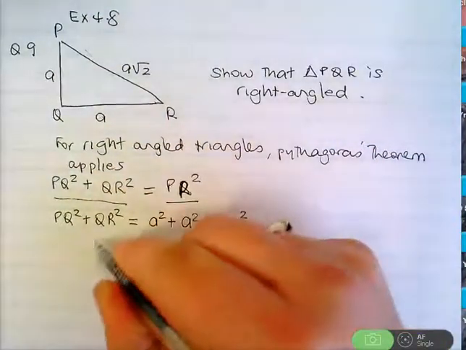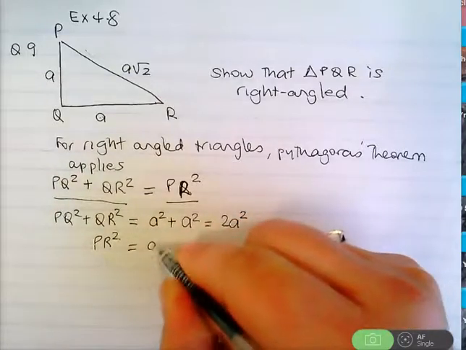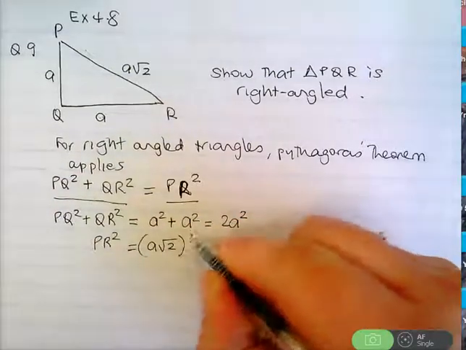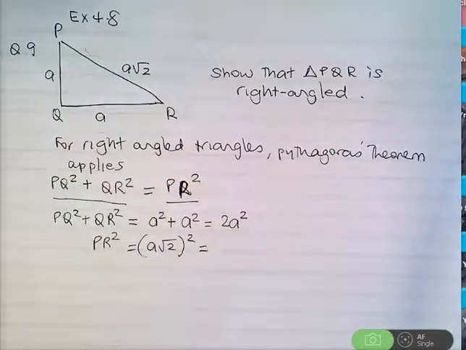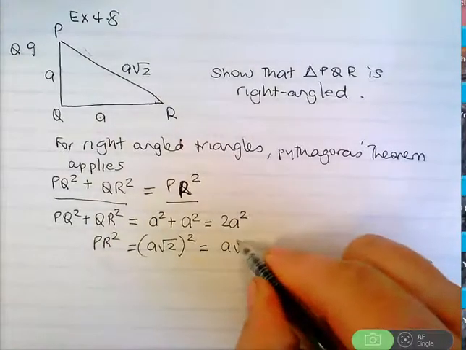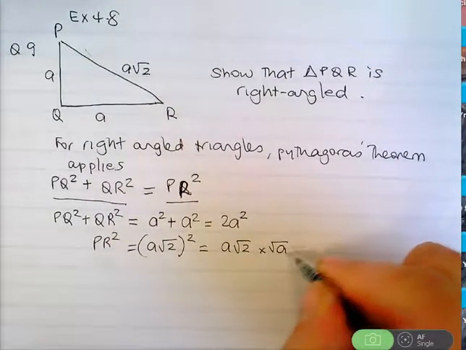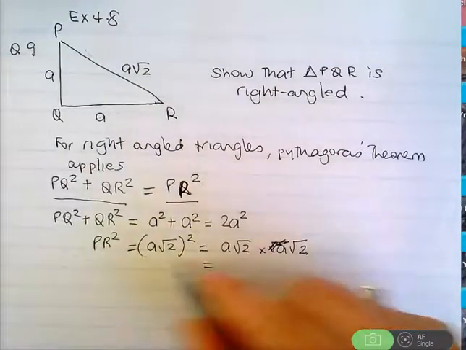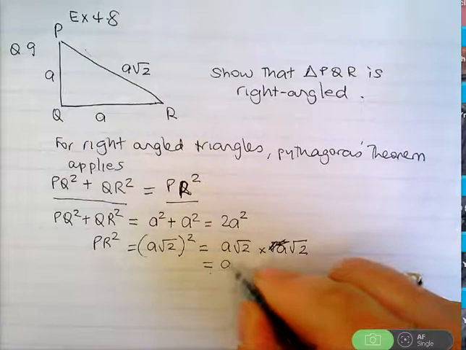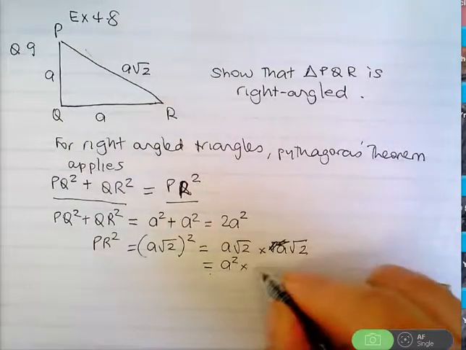We're now going to do the PR squared. Isn't it just A root 2 squared? Which means it's A root 2 times A root 2. What's A times A? A squared. And what's root 2 times root 2? 2.